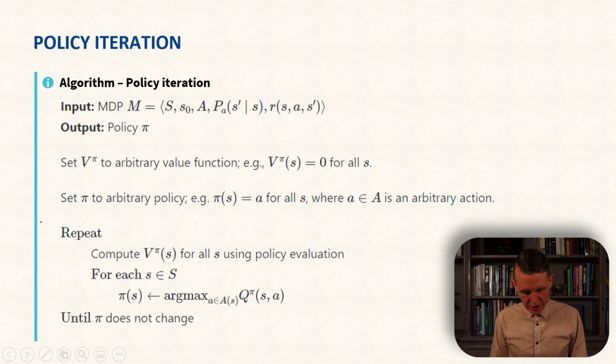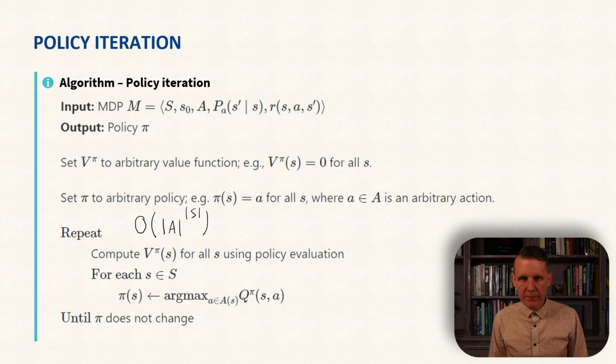The number of iterations of this outer loop in policy iteration is strictly bound by the number of actions that we have in our MDP to the power of the number of states. That's the worst case complexity.